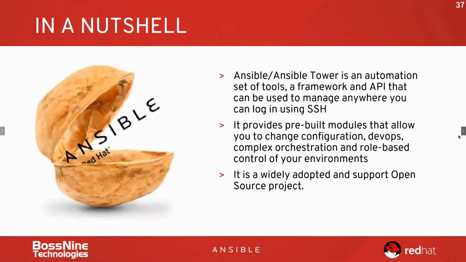And so, to put it all together, the recap: Ansible Tower is a set of automation tools and a framework that you can use to manage your entire infrastructure, wherever and whatever it is. It also provides pre-built modules to hide the complexity of dealing with some of the things that organizations have to deal with. It is widely adopted and supported open source, and it can run on any flavor of Linux, not just Red Hat Enterprise Linux.